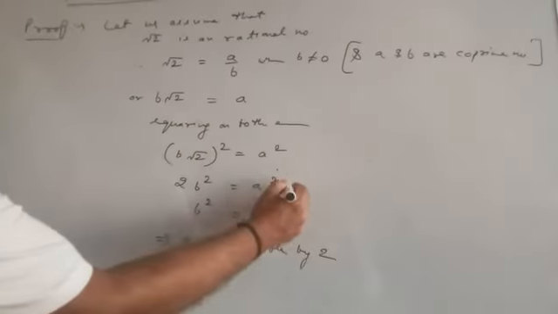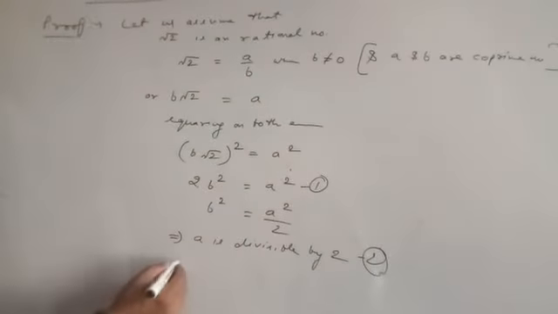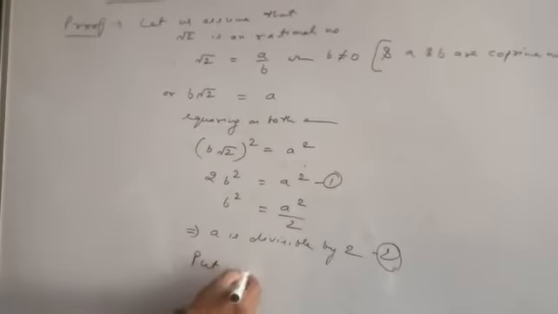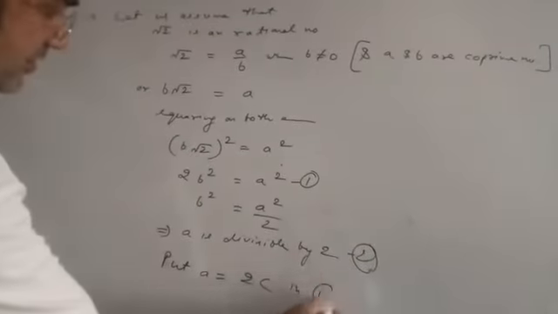So mention this one as 1, this one as 2. Put a equal to c in first.